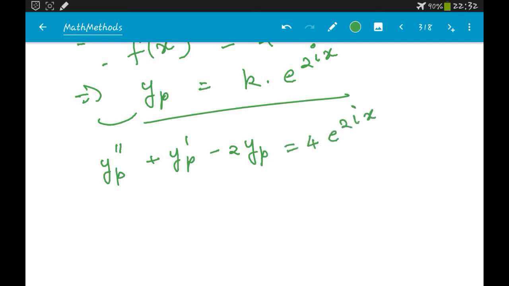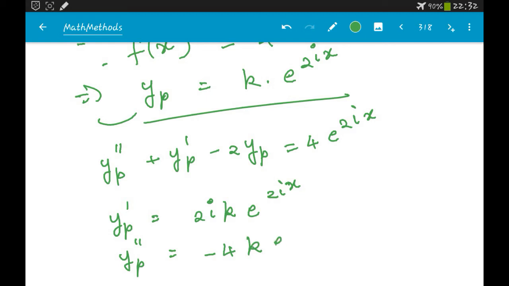Now we substitute for yp in this. So yp dash is nothing but 2ik e power 2ix, and yp double dash is going to be minus 4k e power 2ix.